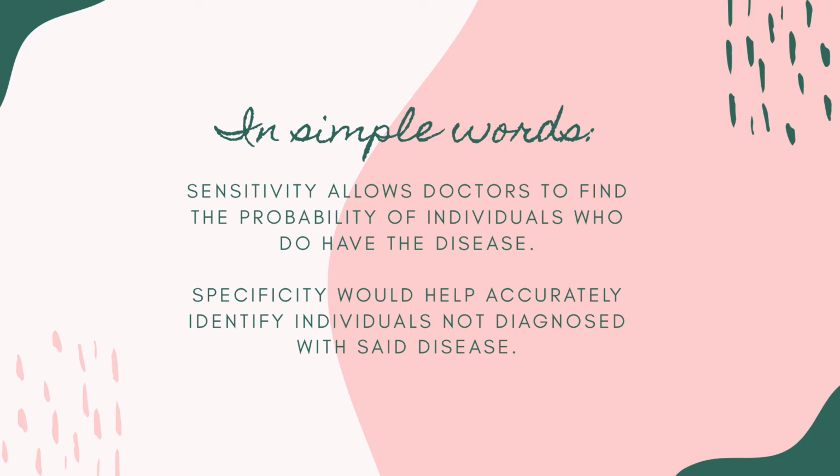I do understand that all this information may be hard to understand all at once, but in simple words and following our medical field example, sensitivity would allow doctors to find the probability of individuals who do have the disease, while specificity on its counterpart will help accurately identify individuals not diagnosed with said disease. Therefore, both work together to find an accurate depiction of who does and who does not have said disease and whether the tests are able to identify this accurately.